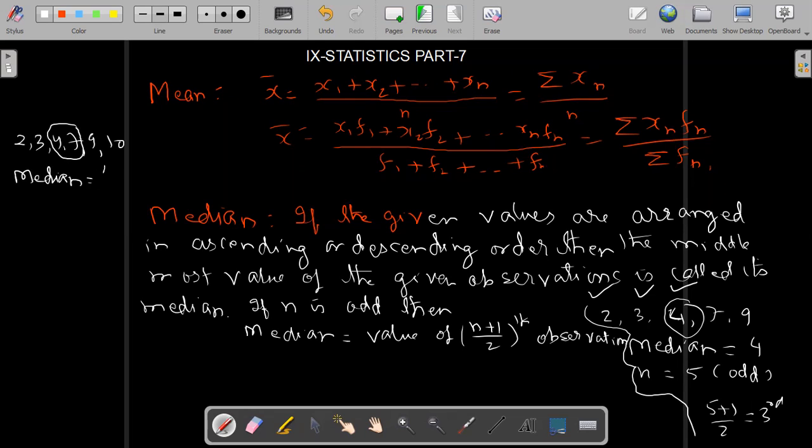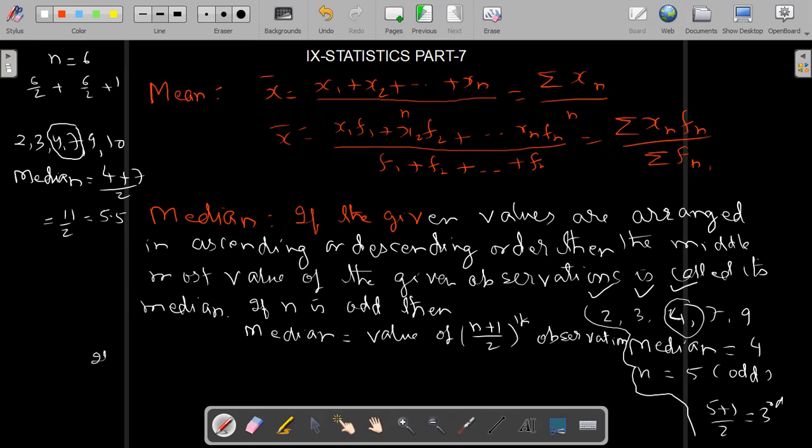So the median will be 4 plus 7 divided by 2, that means 11 by 2, so 5.5 is the median. Here n is equal to 6. So the third term, that is 6 by 2, and the term 6 by 2 plus 1, the fourth term. So the n by 2 term and the n by 2 plus 1 term, divided by 2.